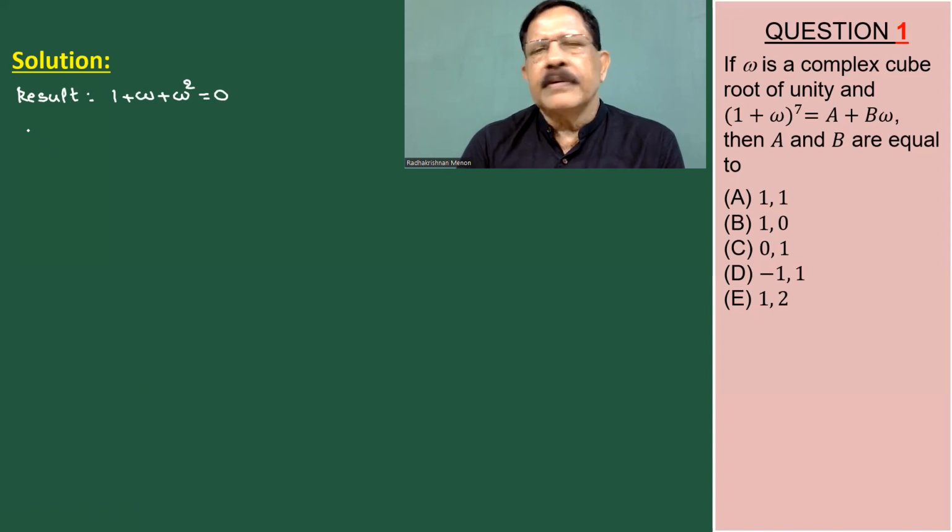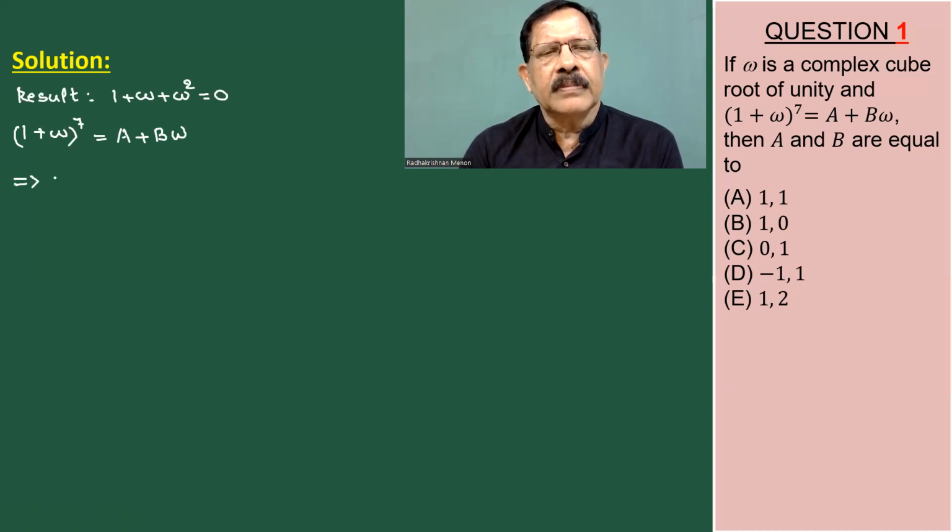Given that (1 plus omega)^7 equals a plus b omega, on the LHS, in place of 1 plus omega, I can write minus omega squared, so (minus omega squared)^7 equals a plus b omega.